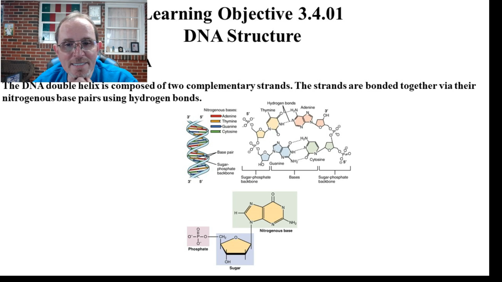Now, this guy's number 3 carbon is going to bind to the next phosphate in the line. So this sugar, number 3, again, 1, 2, 3 right there, will bond to the phosphate of the next nucleotide.